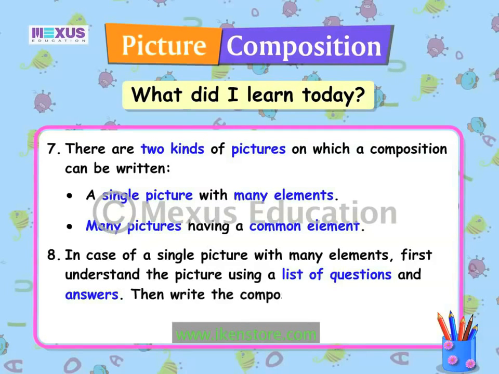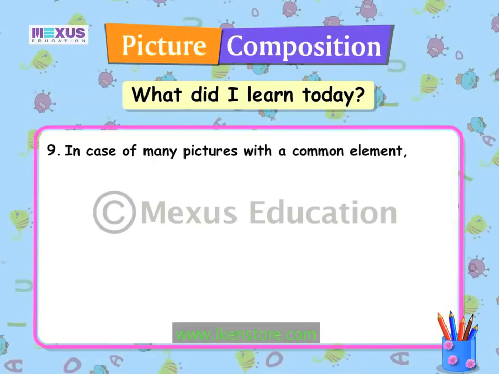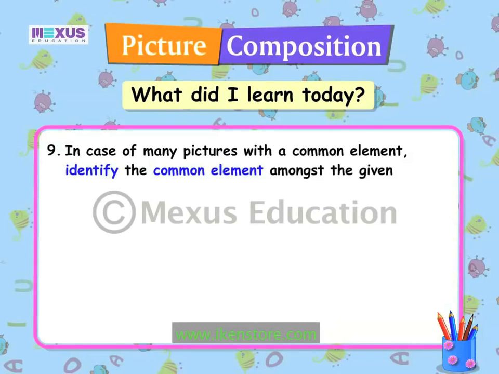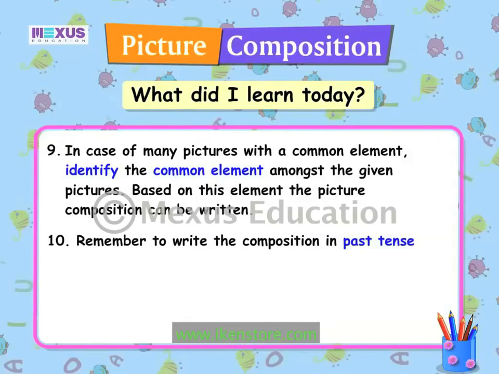Then write the composition using this list. In case of many pictures with a common element, identify the common element amongst the given pictures. Based on this element, the picture composition can be written. Remember to write the composition in past tense only.